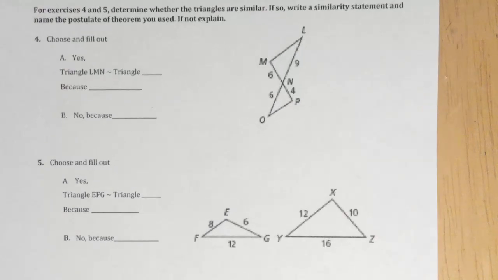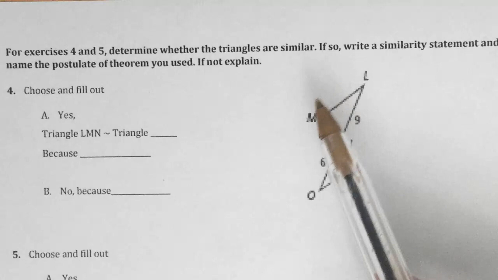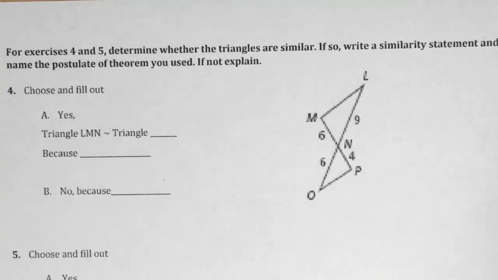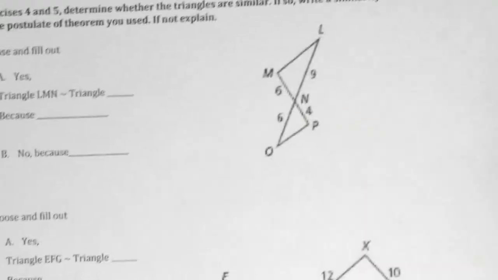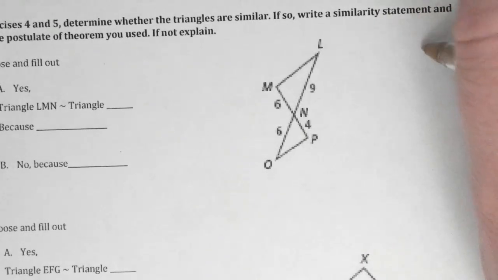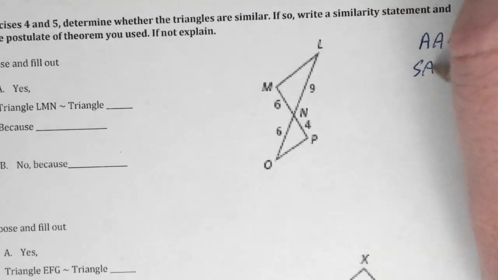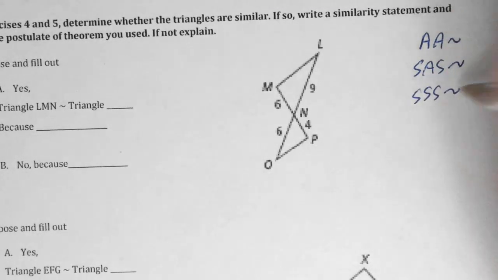All right, number 4. On number 4 here, zoom in a little more. Are these similar, yes or no? That's the question. The way to prove that triangles are similar is either AA similarity, SAS similarity, or SSS similarity.